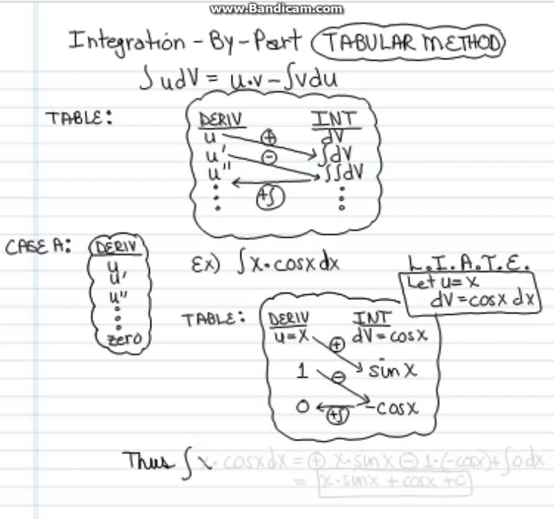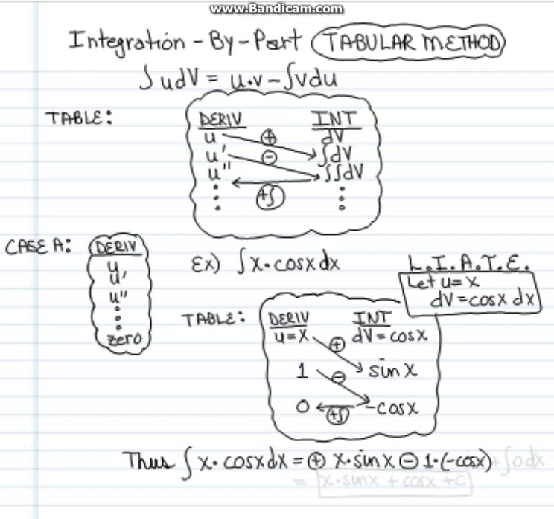The original question, the integral of x times the cosine of x dx, is equal to, from the table, a plus x times sine x, and a minus 1 times negative cosine x.